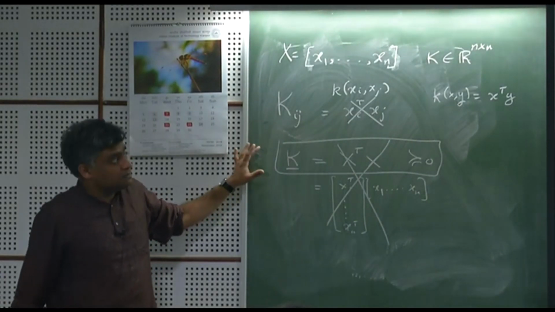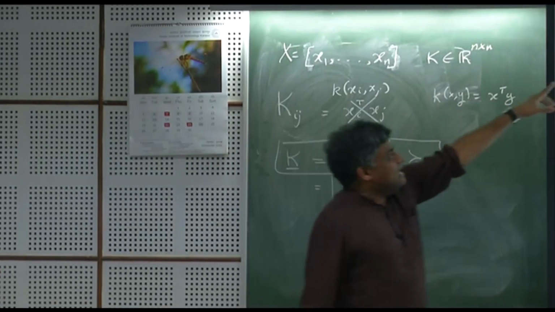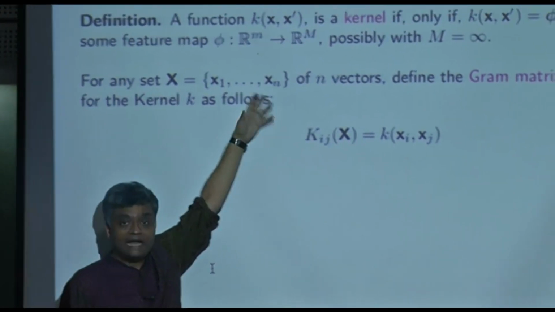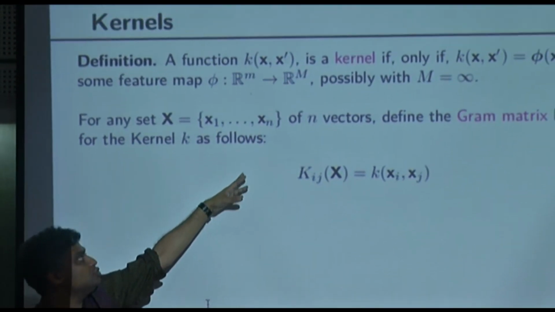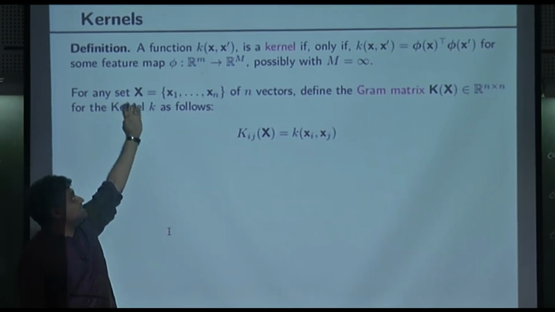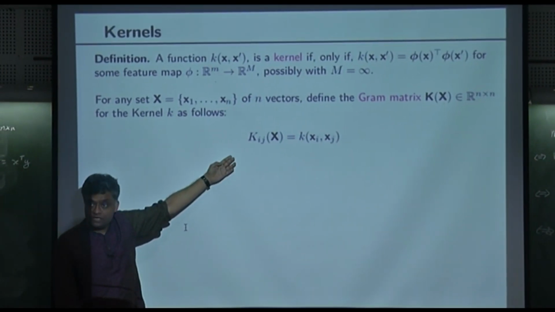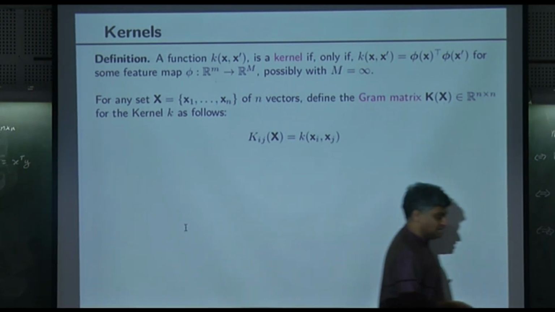Is it good enough? So I take any set of n vectors. n is also arbitrary, so take n to be anything. Take a set X of vectors x1 through xn. Construct this Gram matrix and insist that it's positive semi-definite.